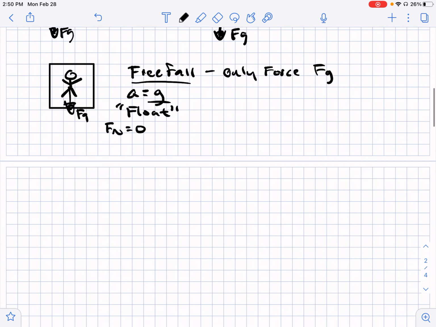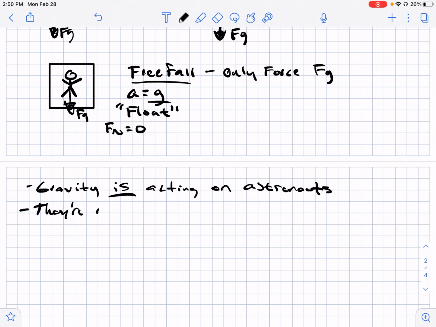And so astronauts in space, it's kind of the same thing. Gravity is acting on the astronauts, but they're actually in free fall, because the only force acting on them is the force of gravity.